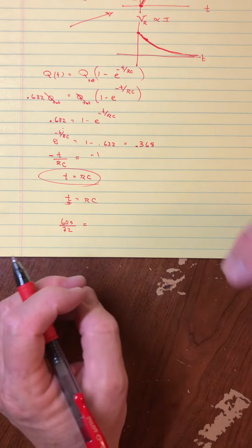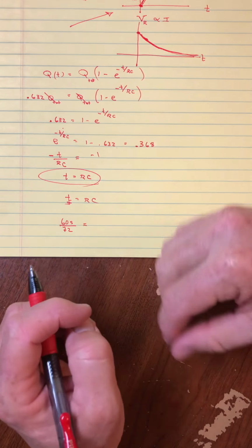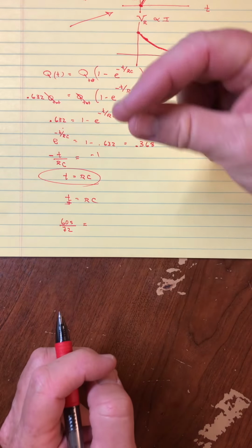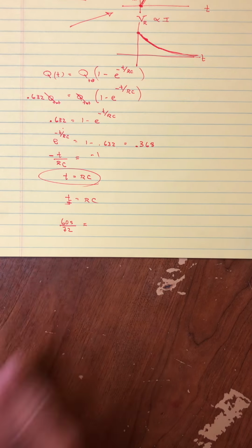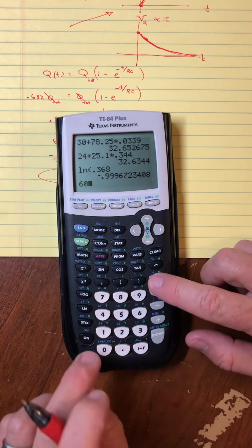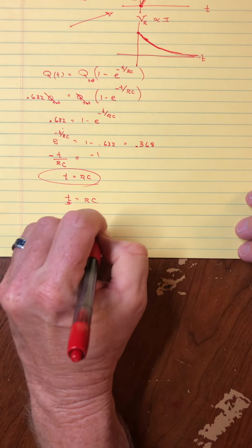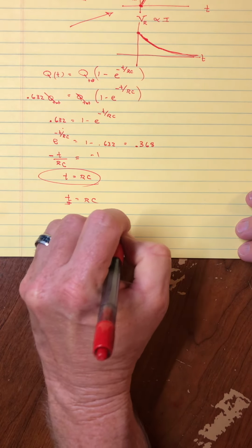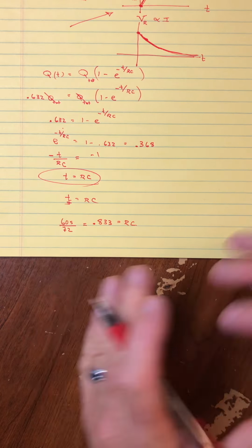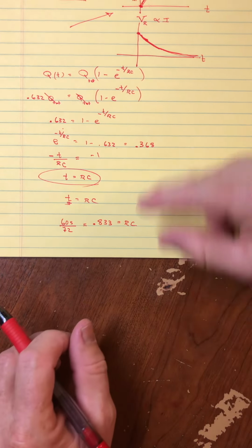So that's the time to build up, and then it fires, and then it builds up and fires, and builds up and fires. And so that is a time of 60 divided by 72. And so about 83% of a second is the time required for it to build up.